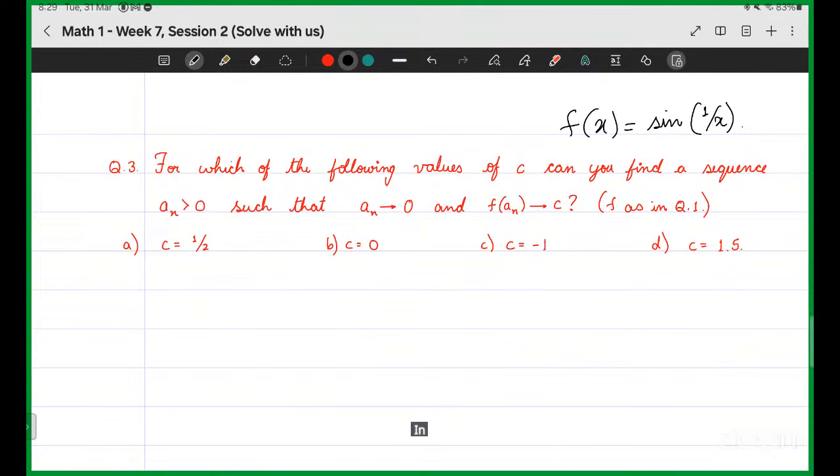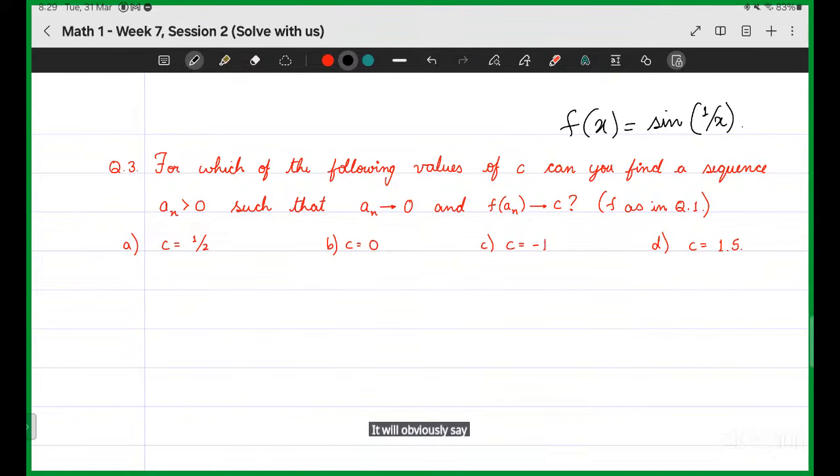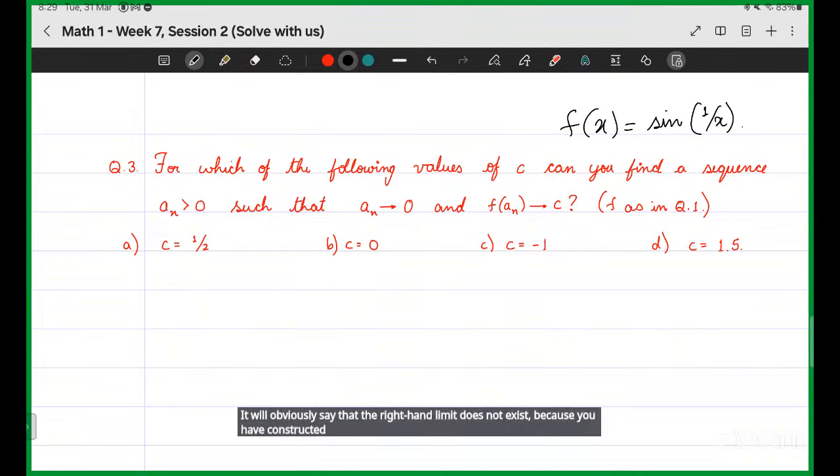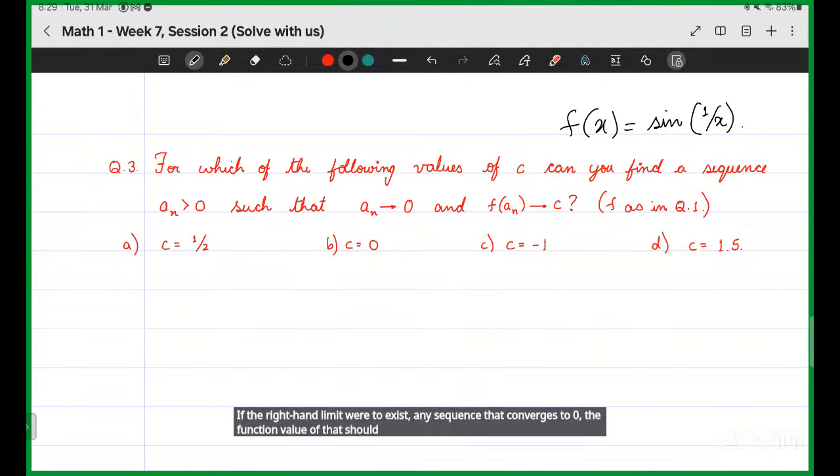In particular, if you can do this for greater than or equal to 2 of the options, it will obviously say that the right hand limit does not exist, because you have constructed 2 sequences which converge to 0 such that the function value converges to 2 different values. If the right hand limit were to exist, any sequence that converges to 0, the function value of that should converge to that right hand limit.